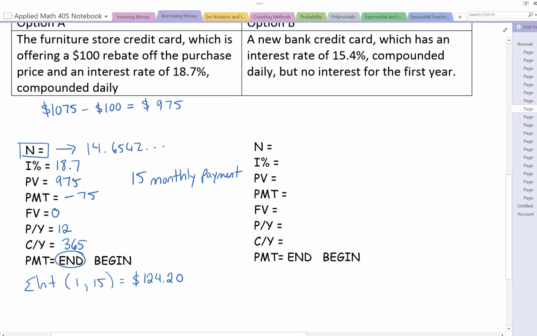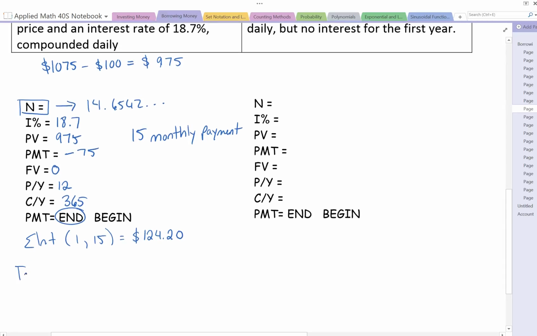Okay, so if you want to know your total paid, that would just be your future value, right? And that would be, let's not put an extra equal sign here, your principal plus your interest.